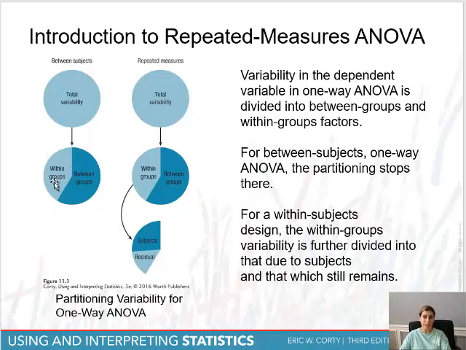And then it's also going to look at the variation that occurs just due to random factors, individual differences, that sort of thing. So in a regular one-way ANOVA, it's parsing it out into what I always refer to as our signal and our noise.